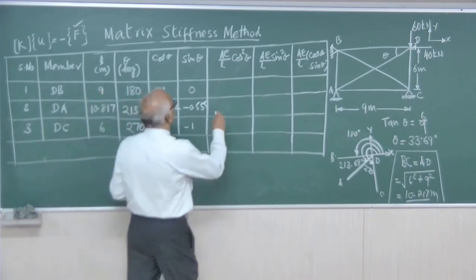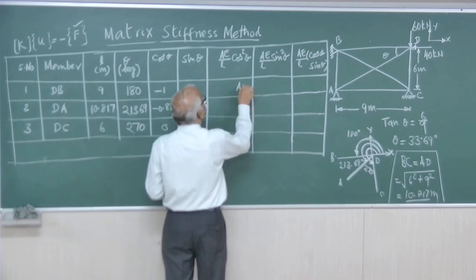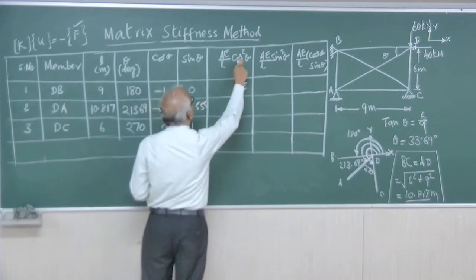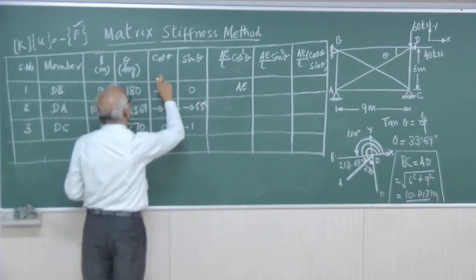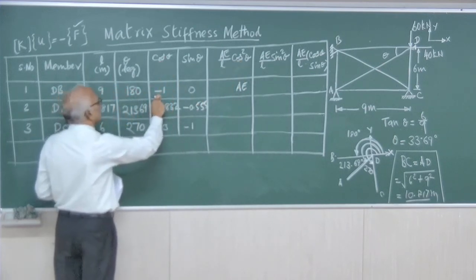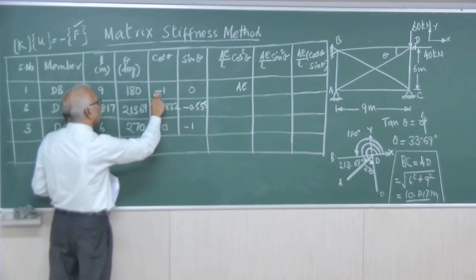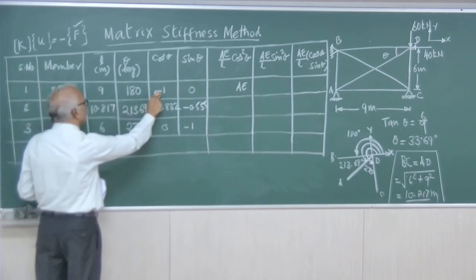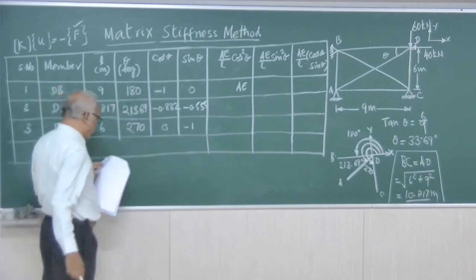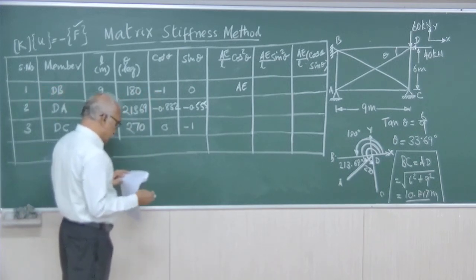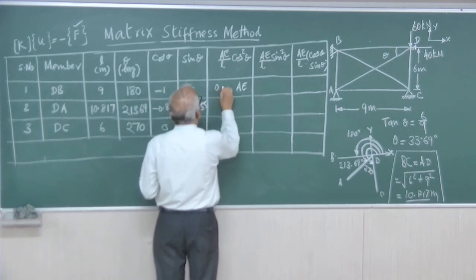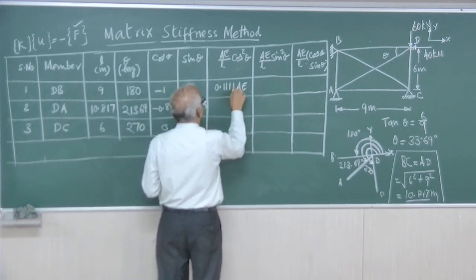Then AE by L, AE is common, therefore we are going to write the value in terms of AE into cos square theta by L. Cos theta is minus 1, so cos square theta by L is minus 1 whole square by 9, 1 by 9 equal to 0.1111 AE.